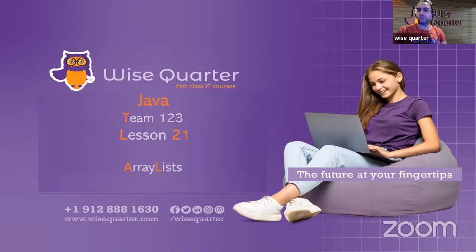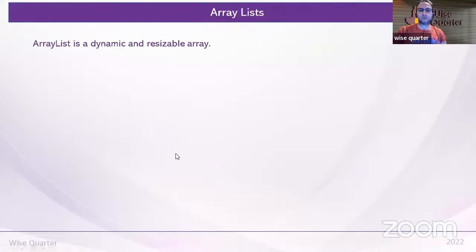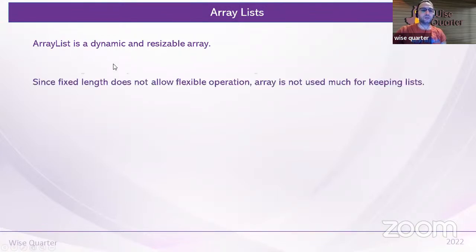If that's the case, if you want to create a flexible list, you should use array lists instead of normal arrays. Array lists use the same structure, they are very similar, but because of their dynamic and resizable features, we prefer using lists to store products in a list.